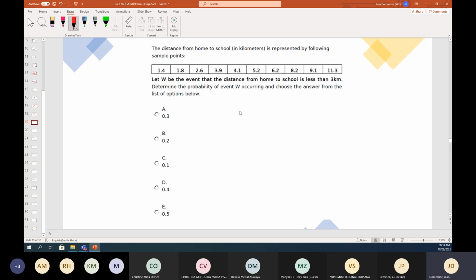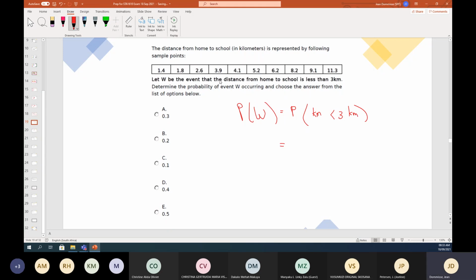Okay, so what is the probability of W happening? And W is, what's the probability that kilometers is less than 3 kilometers?